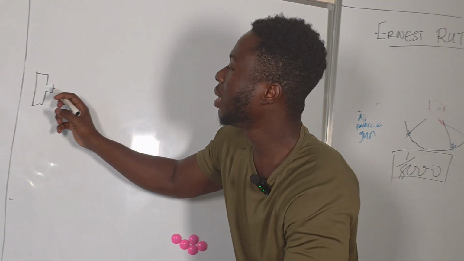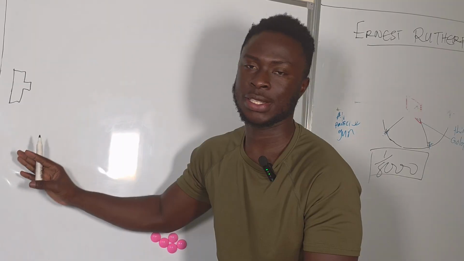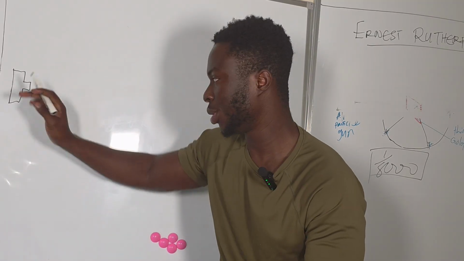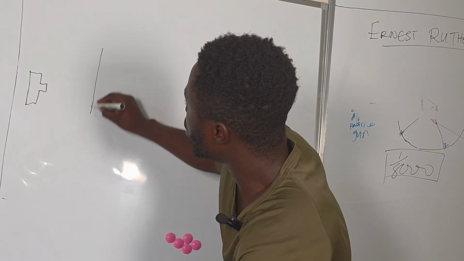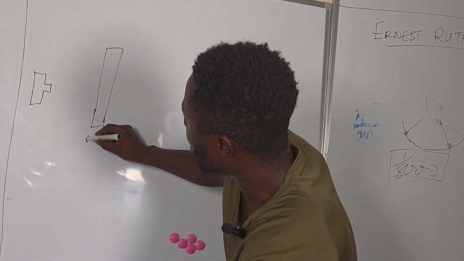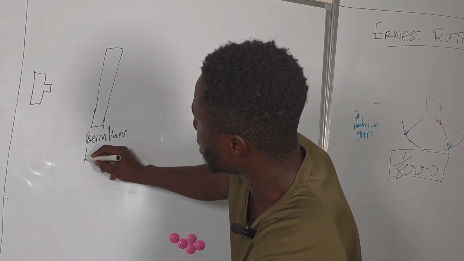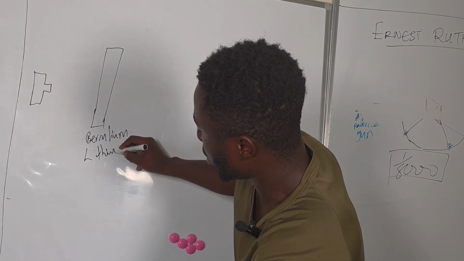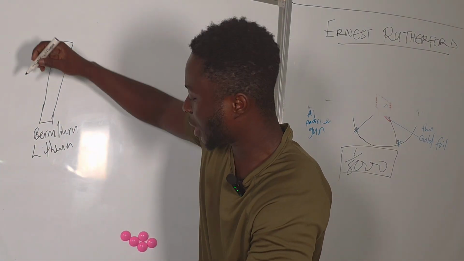They knew that atoms emit alpha particles when they are undergoing radiation, so they used those. And then he put a very soft metal here, like a beryllium metal, and sometimes lithium metal, over here.